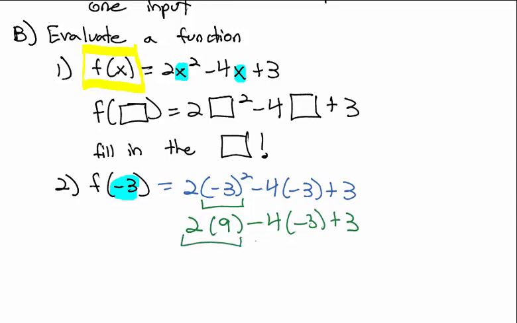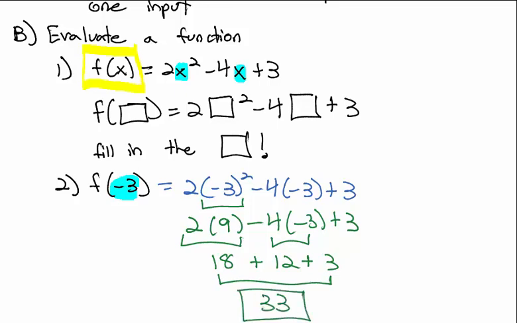And then we can multiply. 2 times 9 is 18. -4 times -3 is plus 12, plus another 3. When we add that together, we get 33. So we say that f of -3 is equal to 33. In other words, when negative 3 goes into the function, 33 comes out.